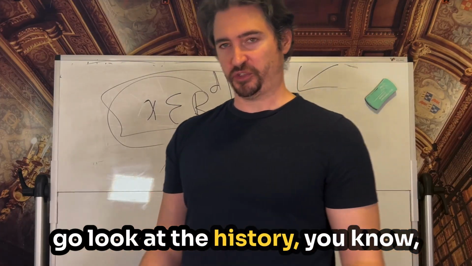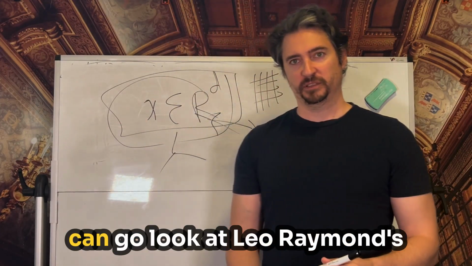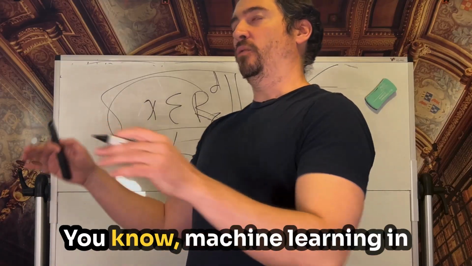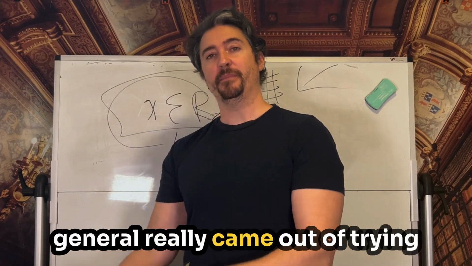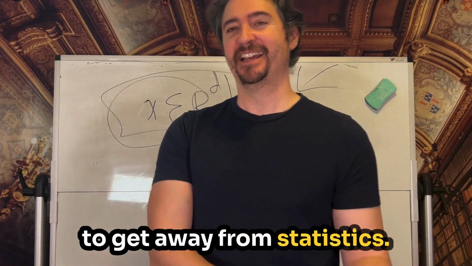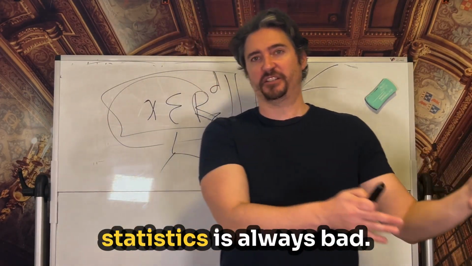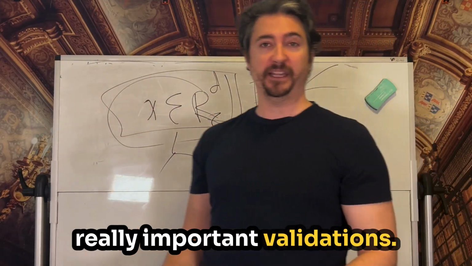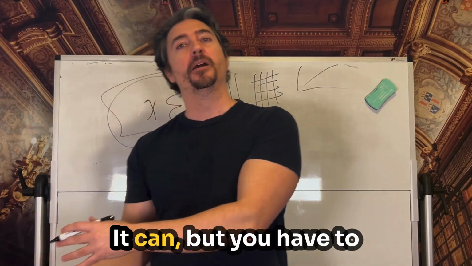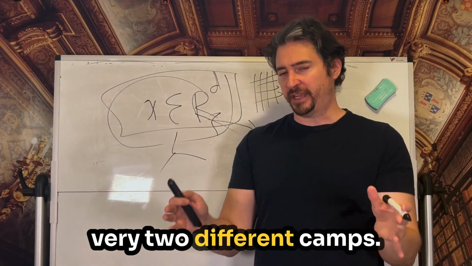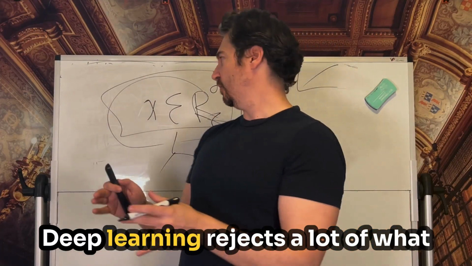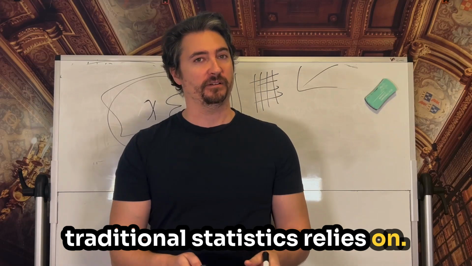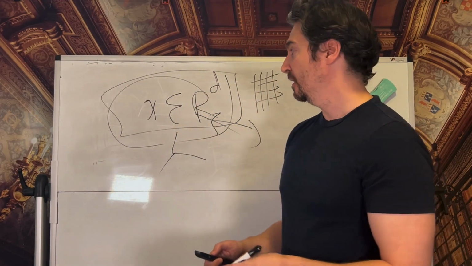You can look at the history, and Leo Breiman's really good paper on this. Machine learning really came out of trying to get away from statistics. They're two very different camps. That doesn't mean statistics is always bad, or that it can't play a role with important validations in AI. It can. But these are two different camps, and deep learning rejects a lot of what traditional statistics relies on, primarily.